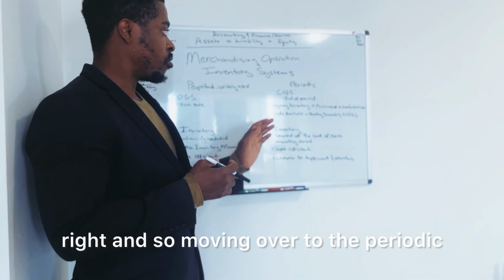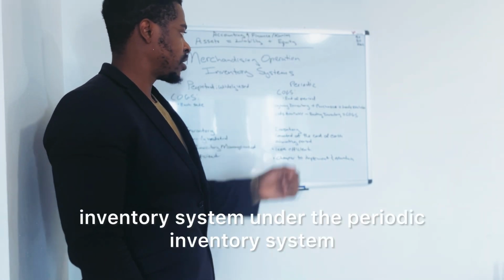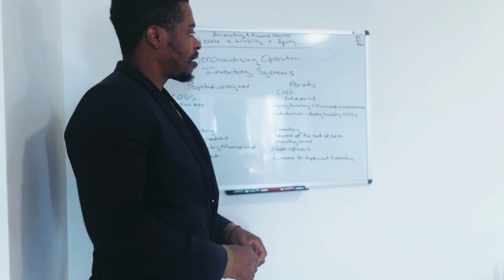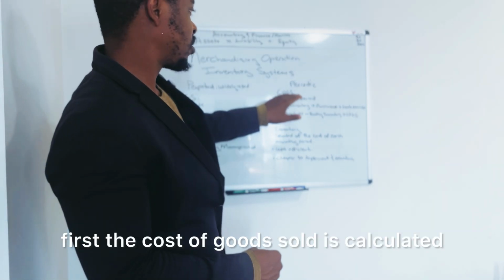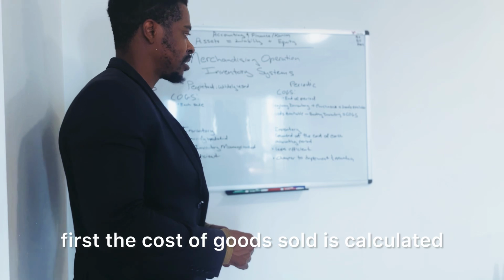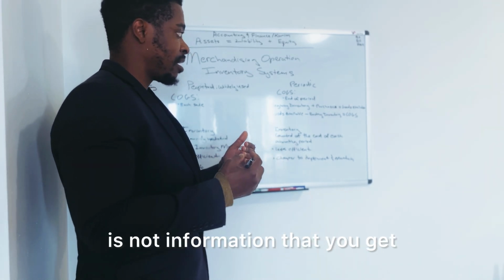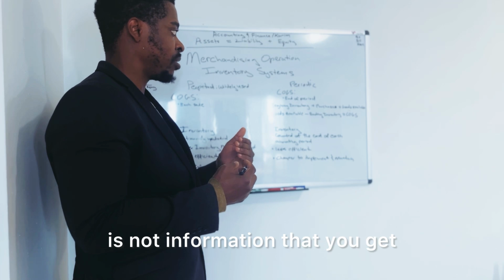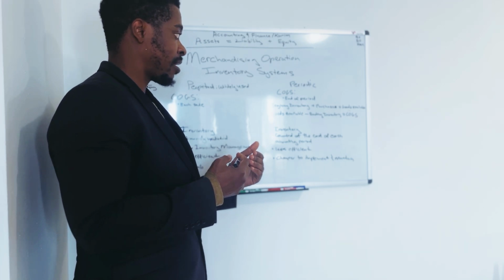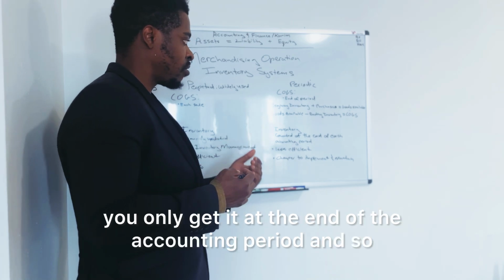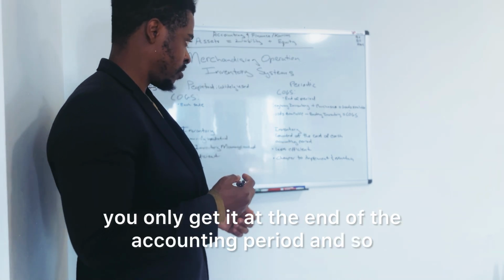Moving over to the periodic inventory system, first, the cost of goods sold is calculated at the end of each accounting period. So this is not information that you get throughout the accounting period. You only get it at the end of the accounting period.